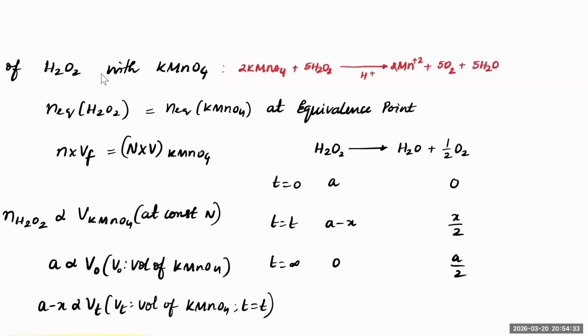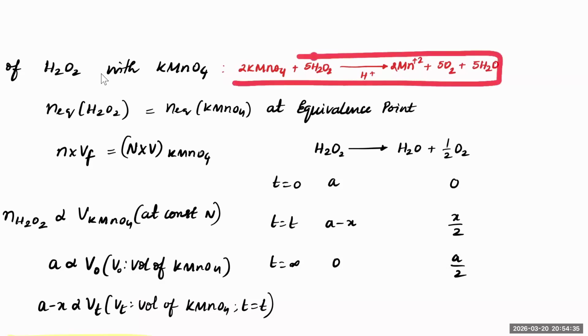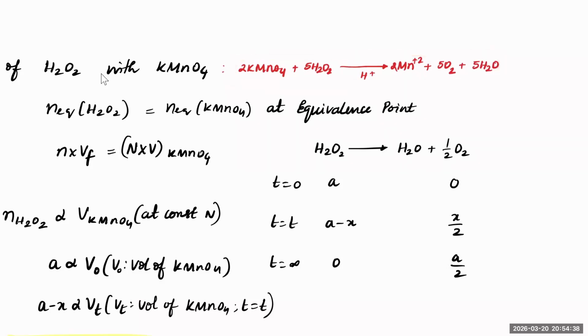This will be the equation for oxidation of peroxide. Now, number of equivalents at any point of time should be equal to KMnO4's equivalents. So number of moles into valency factor should be equal to N1 into V of KMnO4.